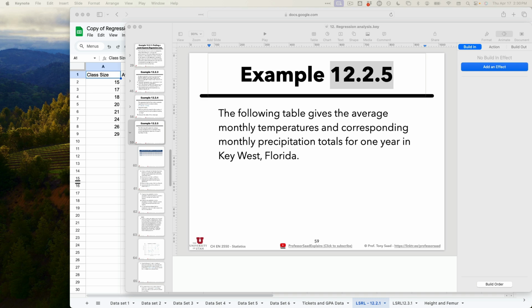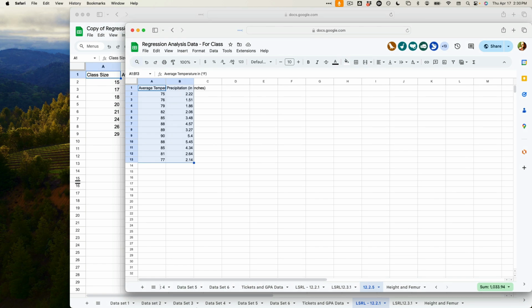If you're already in there, you should see this at the bottom, 12.2.5. This is the data. Can you see it? You might need to refresh. Okay, great. Copy it to the sheet you're working on. My apologies, we lost like 2 minutes.